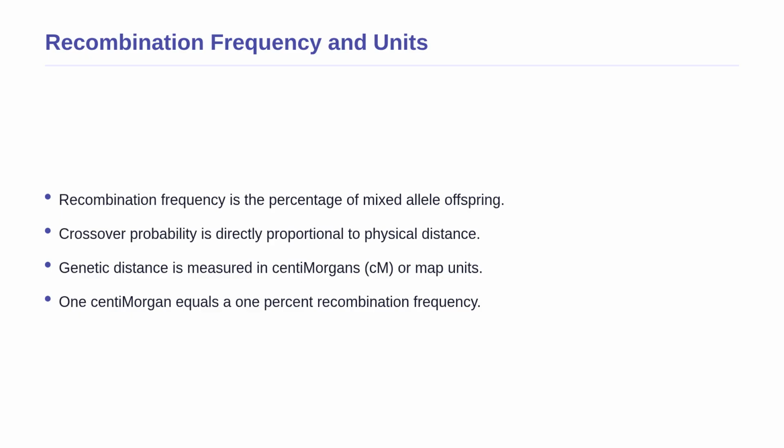The fundamental rule here is that the probability of a crossover event occurring between two genes is directly proportional to the physical distance separating them. We measure this genetic distance in units called centimorgans, abbreviated as cM, or simply map units. By definition, 1 centimorgan is exactly equal to a 1% recombination frequency between two genes.